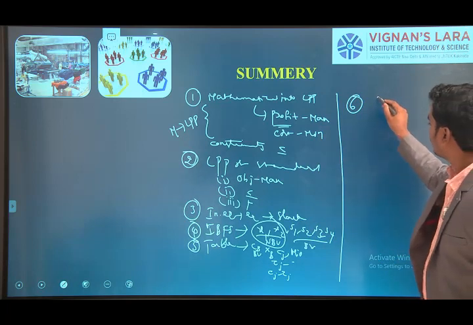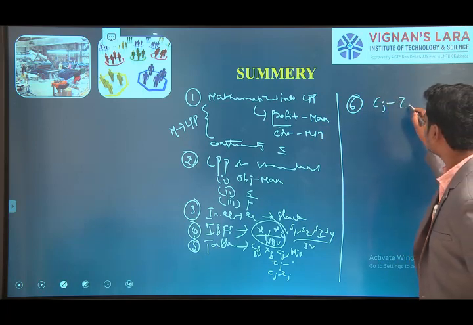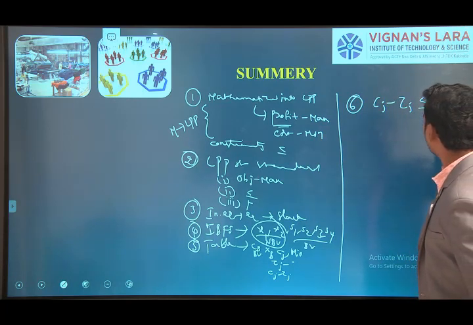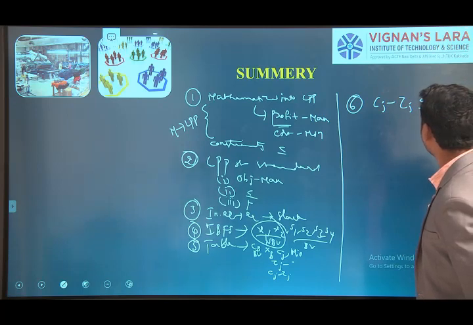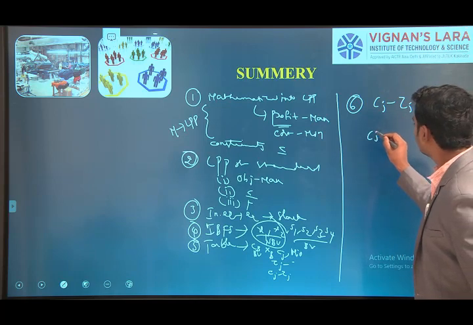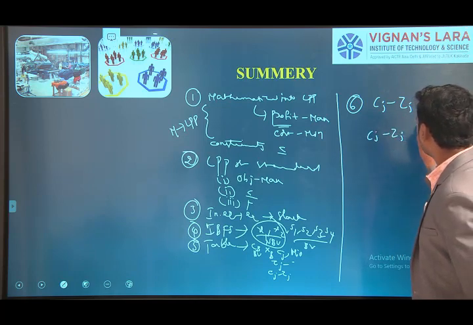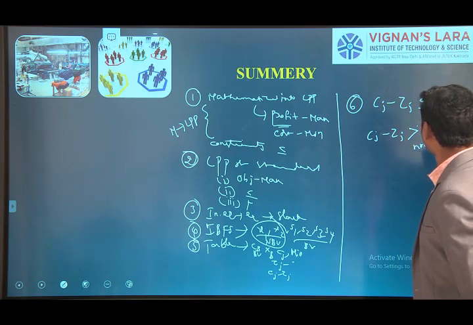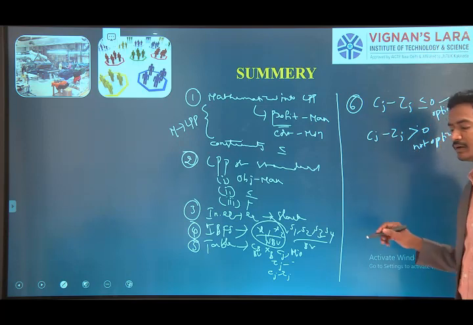How do we identify the optimality? If Cj minus Zj is less than or equal to 0, the problem has reached optimality, and we get the optimal solution from this. If Cj minus Zj is greater than 0, it has not reached optimality, so we didn't get the optimal solution.